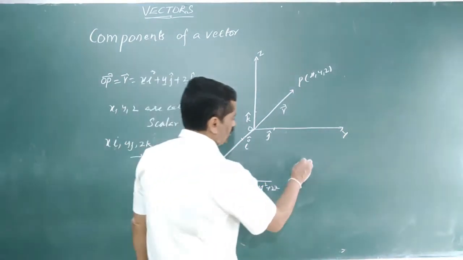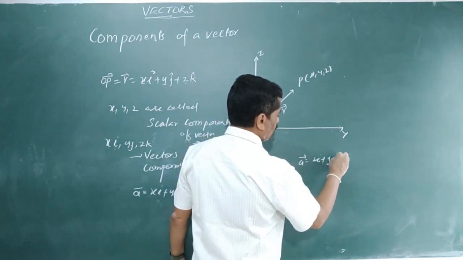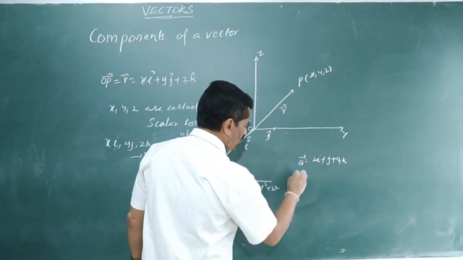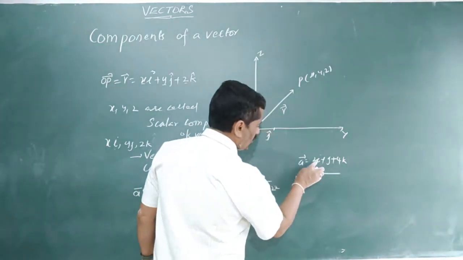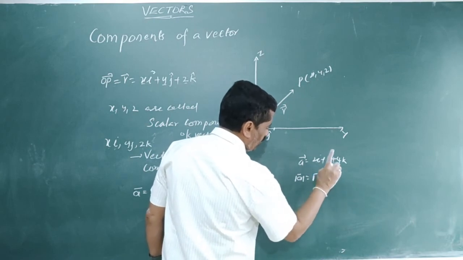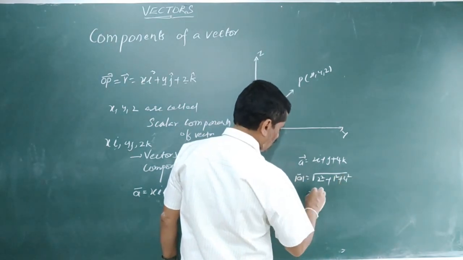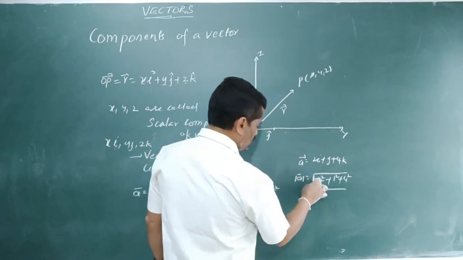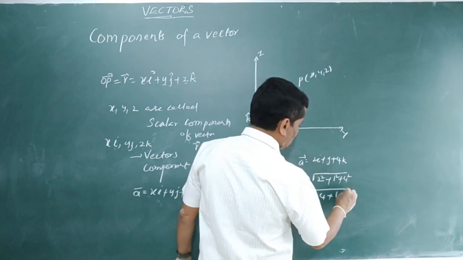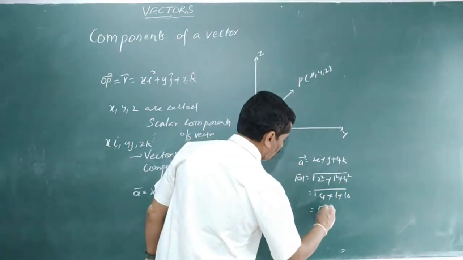For example, if a bar is equal to 2i plus j plus 4k, then the magnitude of a bar is equal to the square root of 2 square plus 1 square plus 4 square, that is the square root of 4 plus 1 plus 16, that is 21.